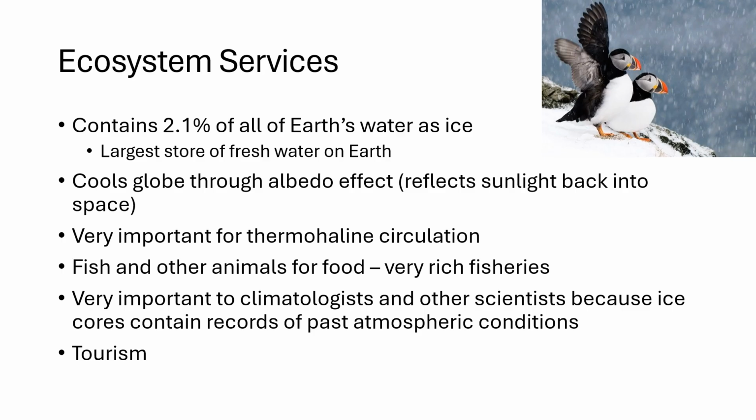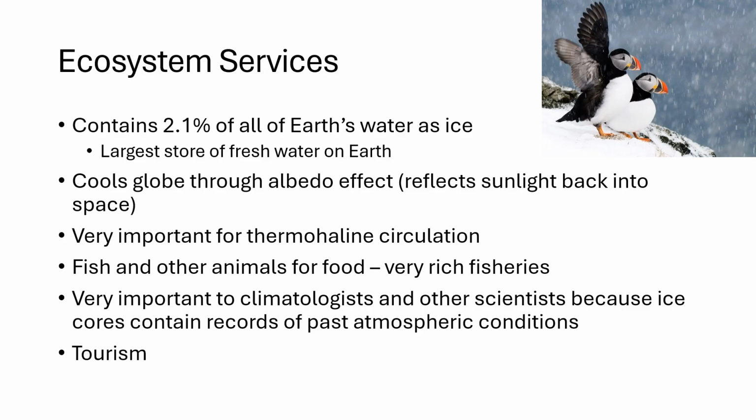It's really important for thermohaline circulation, especially just south of Greenland, where the AMOC, or the Atlantic Meridional Overturning Circulation, is. It cools the globe through the albedo effect. It's one of the large ice sheets around the planet, and to a lesser extent, the smaller ice fields and glaciers are cooling the planet by reflecting sunlight back into space before it can be absorbed by the Earth's surface and turn into infrared or long wave radiation that the greenhouse gases can absorb.